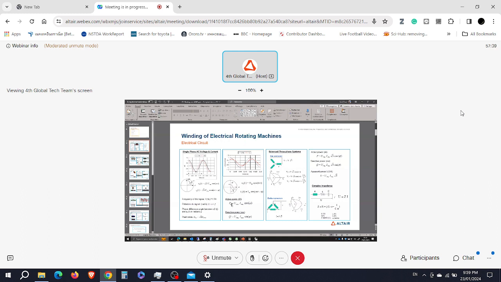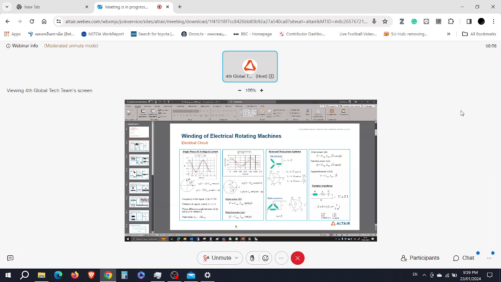Then we have to talk about active power with what we call the power factor, cos phi. Active power is the multiplication of voltage by the current by the power factor. The active power or the electrical power in the machine is 3 times this one.